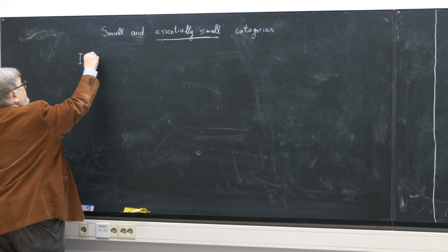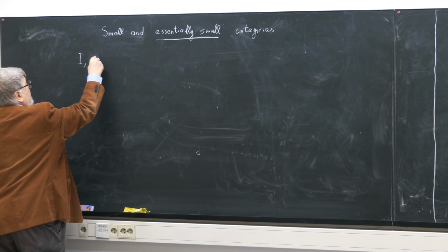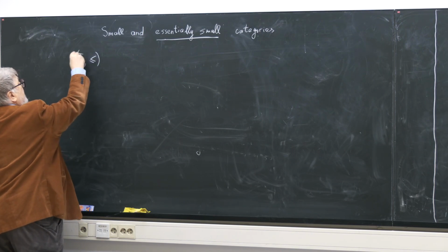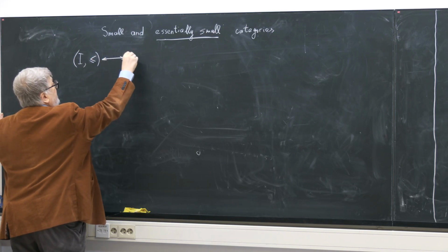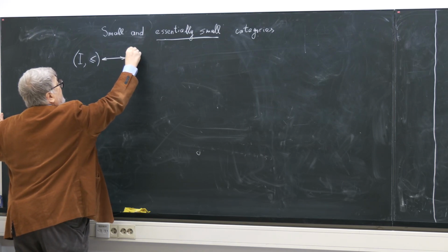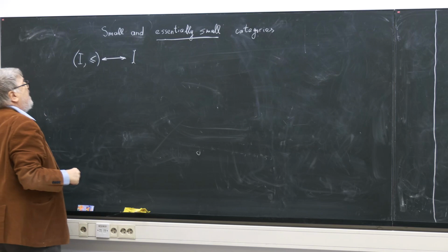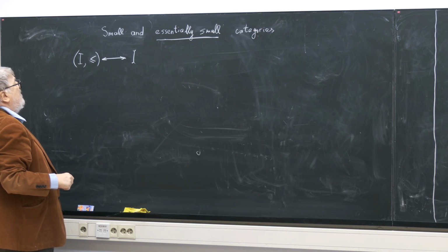a partially ordered set is transformed to a small category with the morphisms that were defined a week ago.